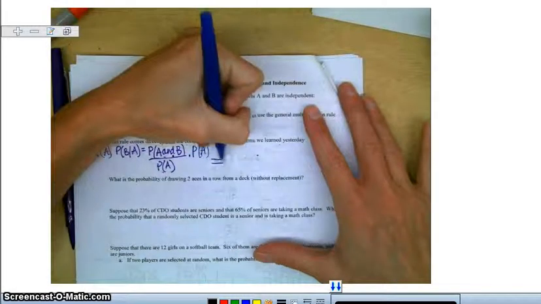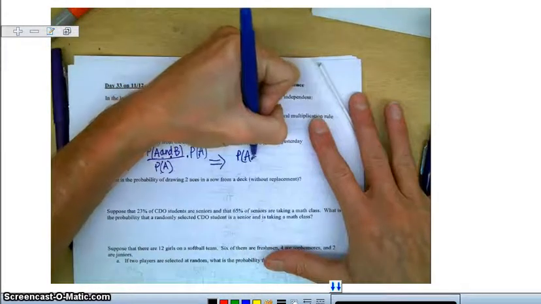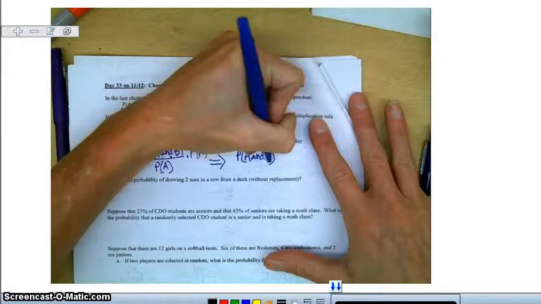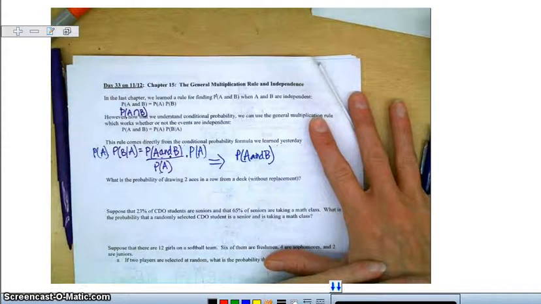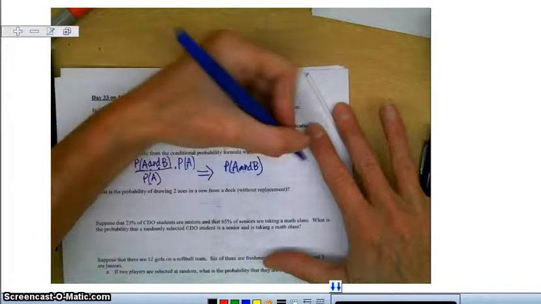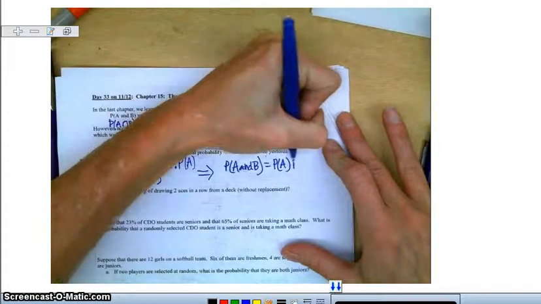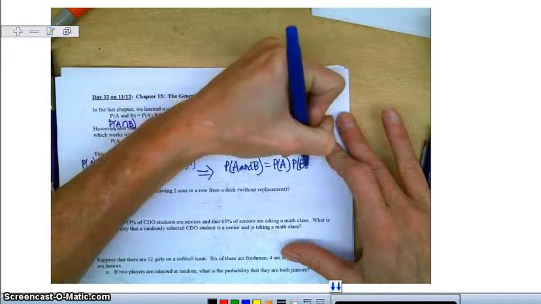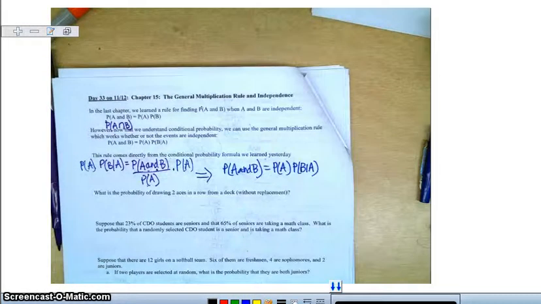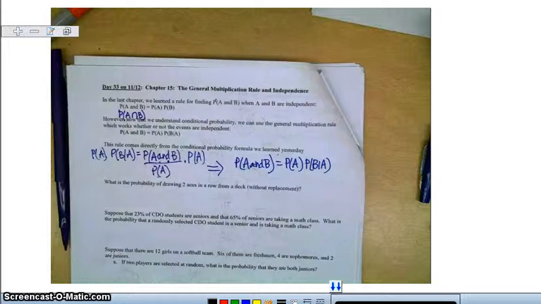Then what you end up with is the probability of A and B is equal to the probability of A times the probability of B given that A has happened. So it's just rearranging that conditional probability rule from yesterday.